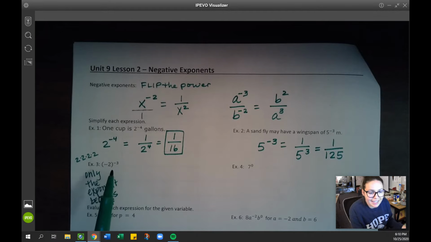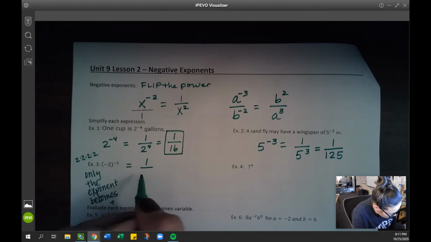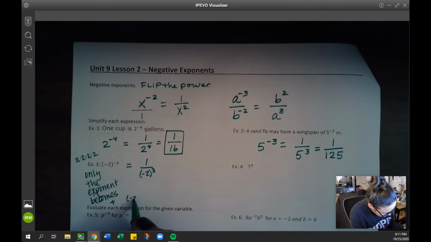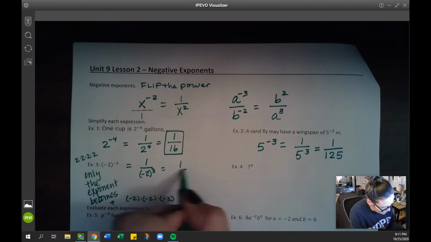That's going to stay negative even after we flip it. So this is going to become 1 over negative 2 cubed. Negative 2 cubed means I'm going to have negative 2 times negative 2 times negative 2, which gives us 1 over negative 8.